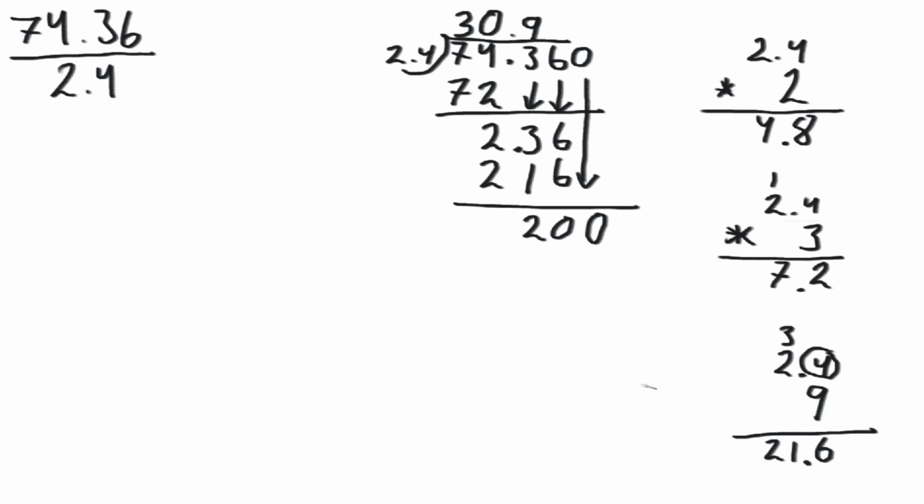So let's look at 8 times 2.4. 2.4 times 8. Four times 8 is 32. 2, save 3, 2 times 8 is 16, 19. We have one decimal place, so it's 19.2.